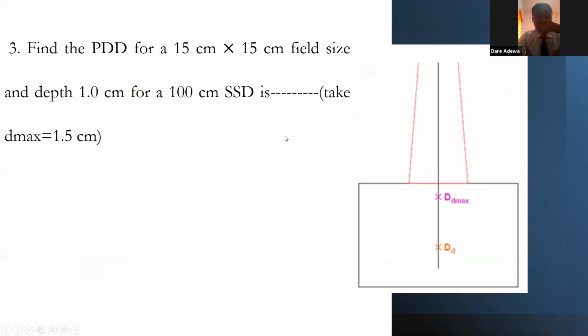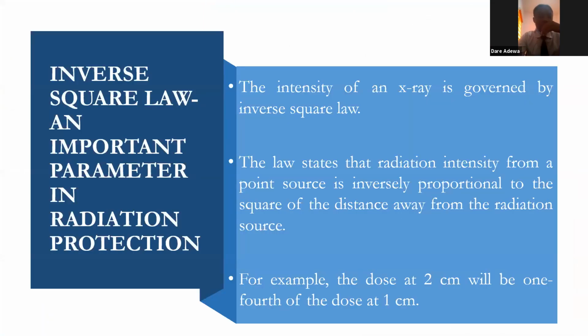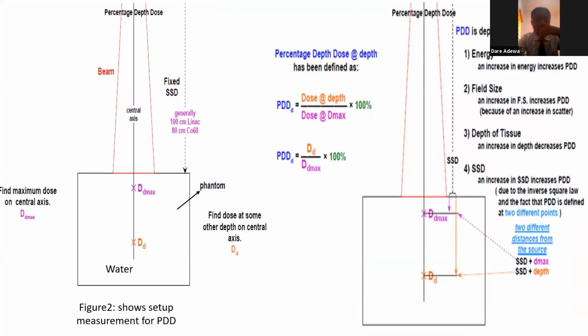That is the formula for our PDD: PDD equals dose at depth over dose at reference depth, that is maximum depth, D over D max, multiplied by 100%. So let's use this formula quickly and get our PDD.